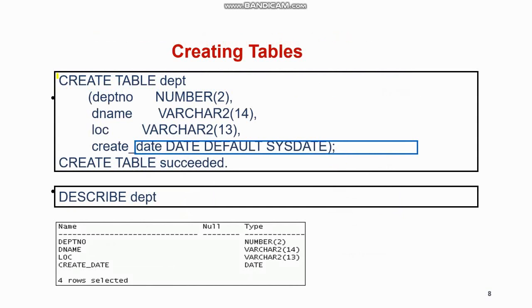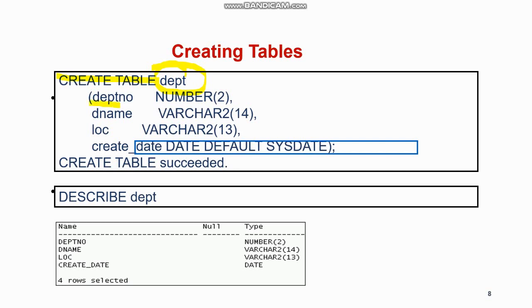Now we'll see a small example. Create is a keyword, table is a keyword. Department is the name of the table. Department is a meaningful name. We have followed the rules for naming conventions, for naming the columns and the table. Now we'll see what the columns or fields of this table called department are.